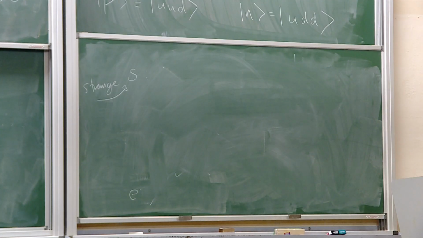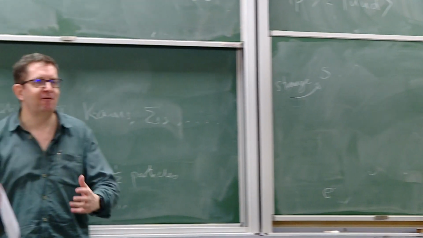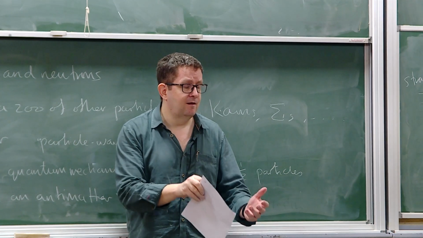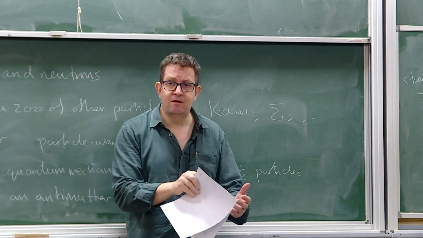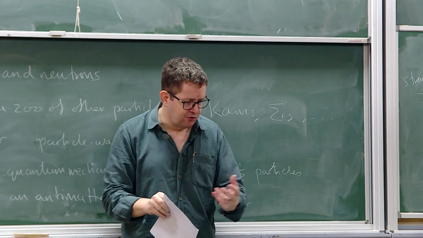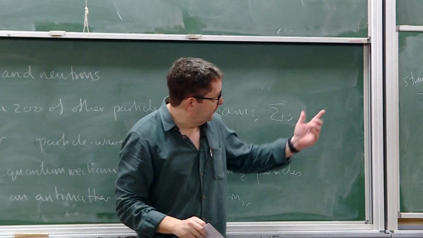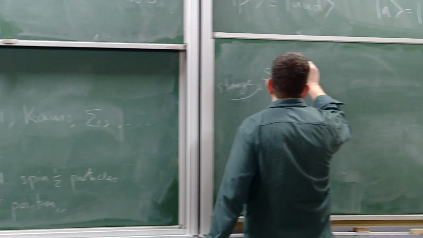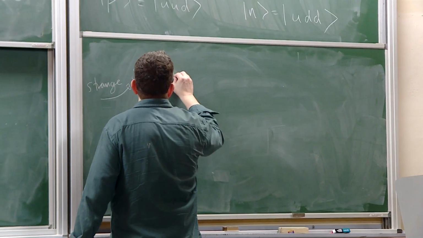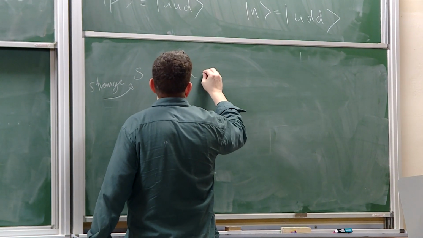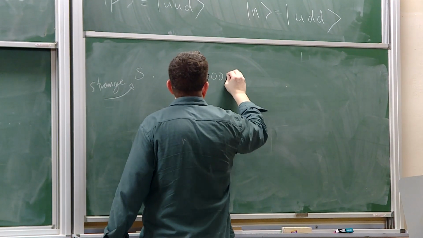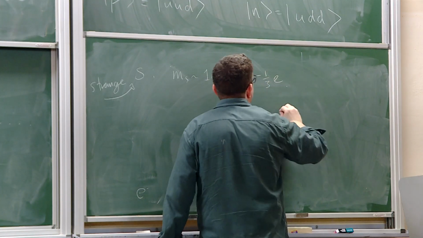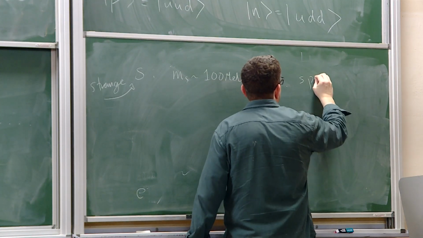The strange quark, because it obviously wasn't fitting, it wasn't necessary. It wasn't part of the nuclear particles, the neutron and the proton, but it was there and it was describing all these other particles, or some of them at least. And that has a mass which is much heavier, around 100 MeV, and also had -1/3 electric charge. Of course, it was spin-1/2.